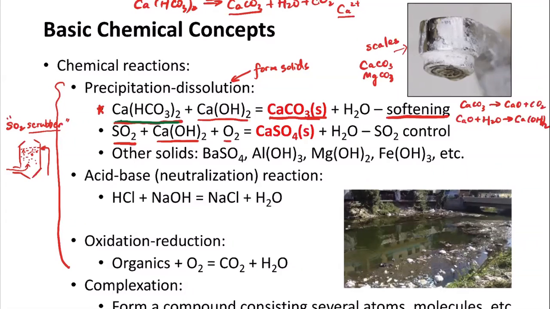and at the same time you have oxygen in the flue gas. So first the calcium is going to react with the sulfur dioxide to form calcium sulfite, and then it gets oxidized by the oxygen to form calcium sulfate. Calcium sulfate is quite insoluble in water.